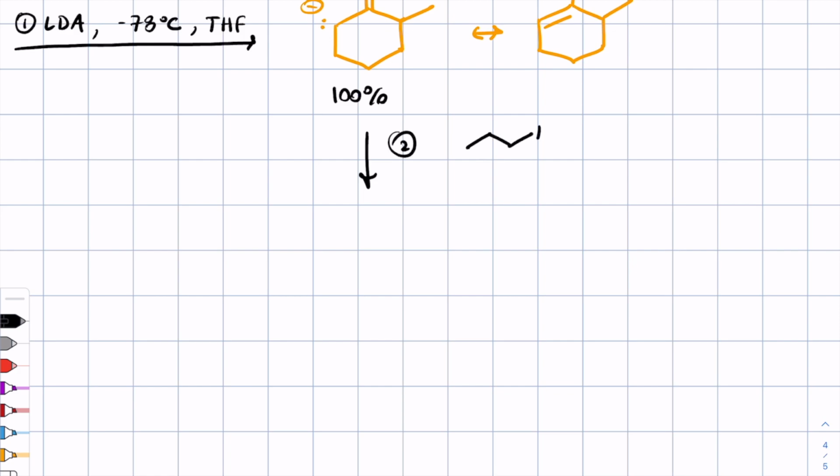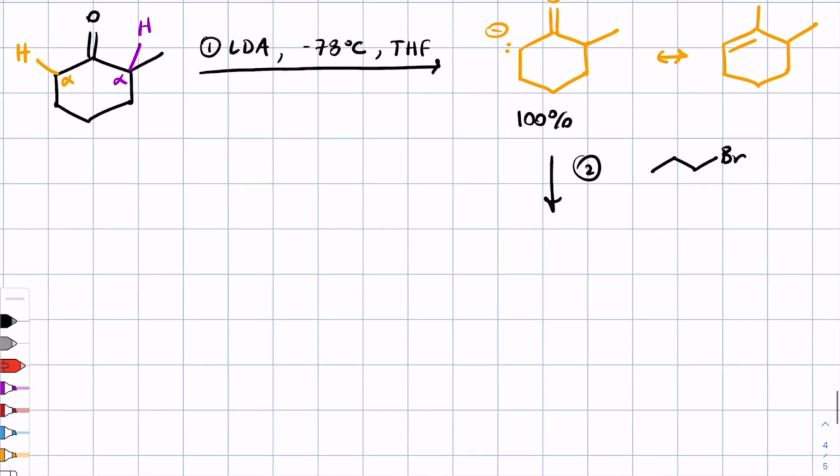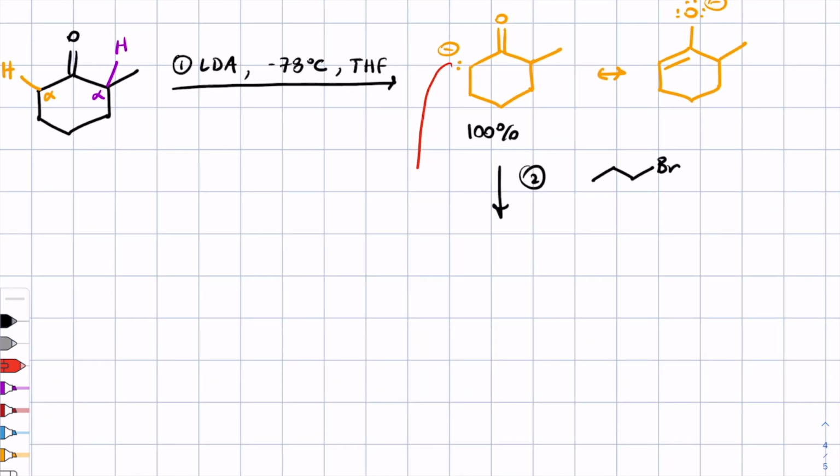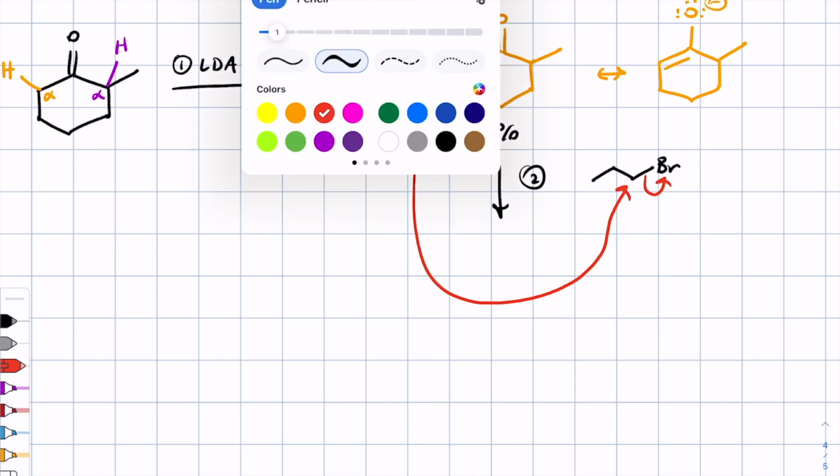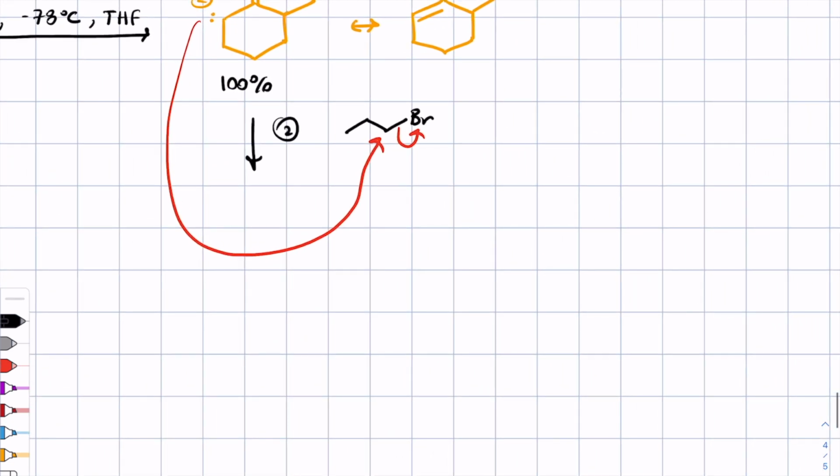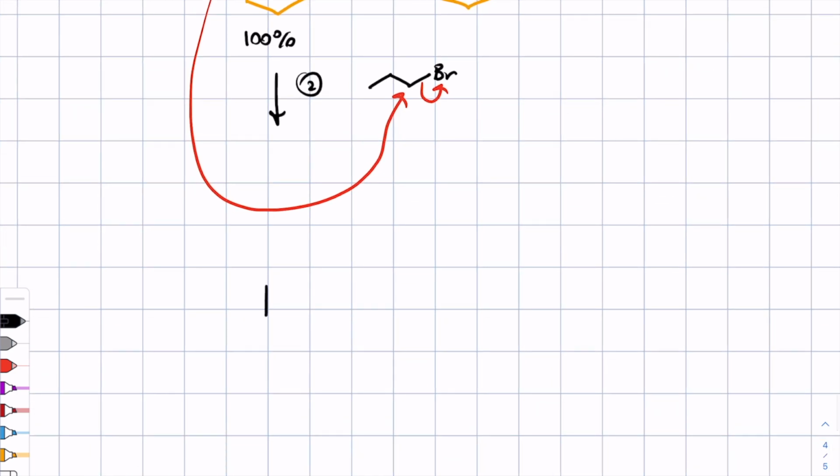So let's just choose this primary alkyl halide. The mechanism is SN2. Of course, since we're using a primary alkyl halide, there's no stereocenter on the carbon that has the bromo group.